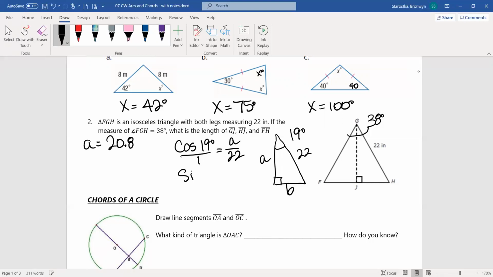Sine, the opposite over the hypotenuse, is B over 22, which means B is going to equal 7.2.